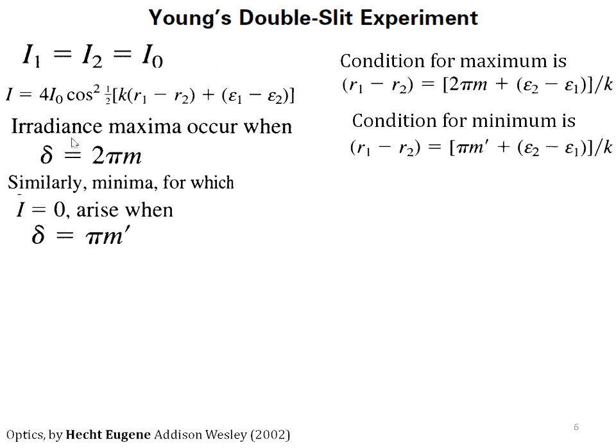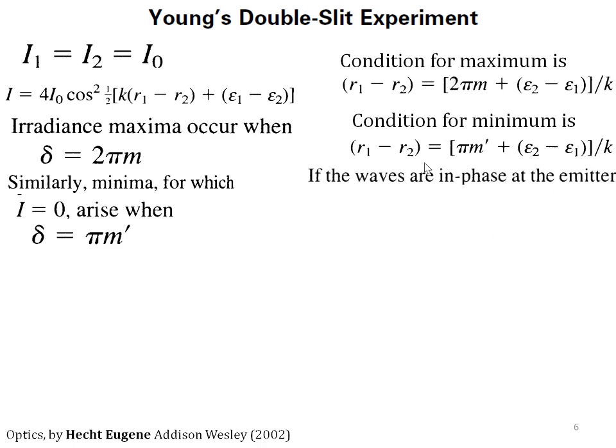This term has gone to the other side, so basically we have put delta here and rearranged the terms. There is a multiple of k, so k is going down there. Therefore the condition for maximum will be this one, and similarly we can find the condition for minimum to be this one.